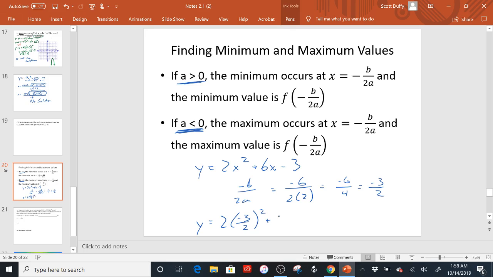Just continue to complete the square. Plug that in, see what you get. And you would still get negative 7.5, which is exactly what we got when we completed the square. We got the vertex would be at negative 3 halves, or negative 1.5, comma, negative 7.5.